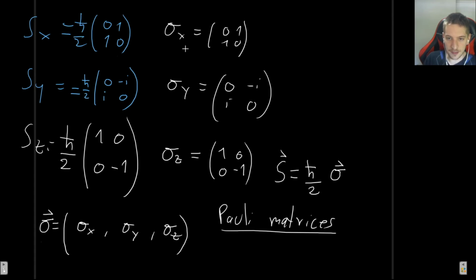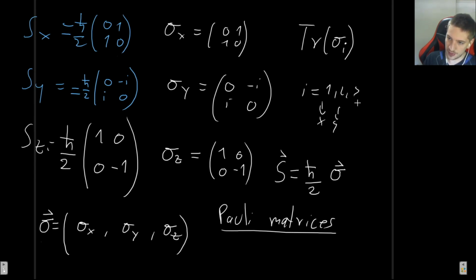And these matrices have many properties. I can't discuss all of them, but some that you can see: the trace of any of these. We usually say sigma i, where i goes 1, 2, 3, with 1 representing x, 2 representing y, and 3 representing z.